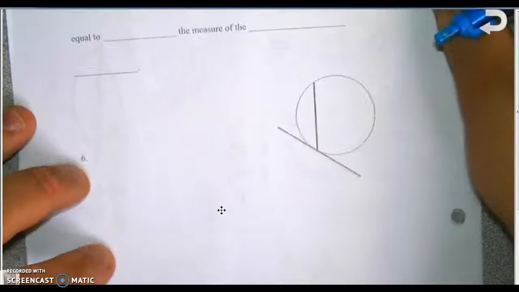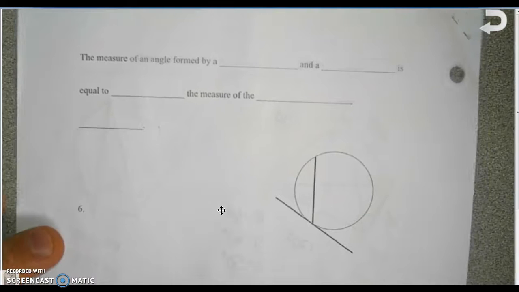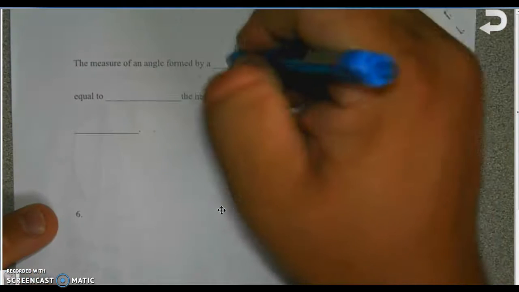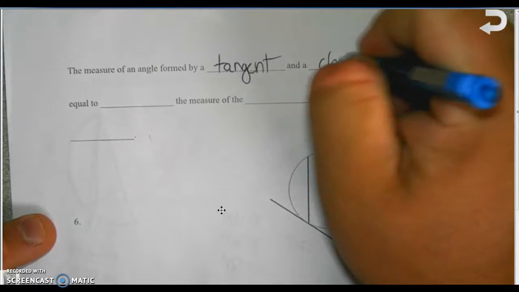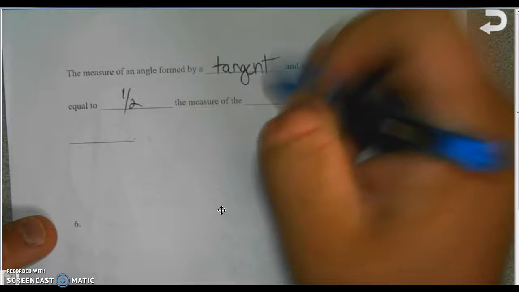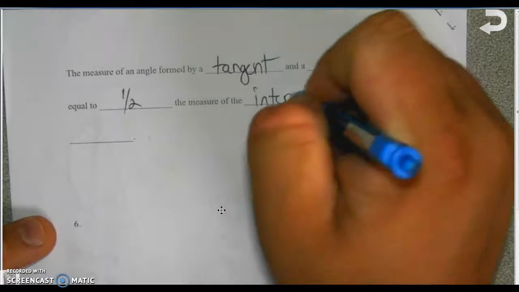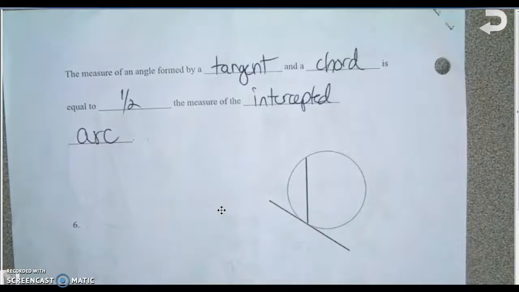Let's talk about 2 more rules about how things work, or just one really. The measure of an angle that's formed by a tangent and a chord is equal to half the measure of the intercepted arc. So I kept all the half things together.